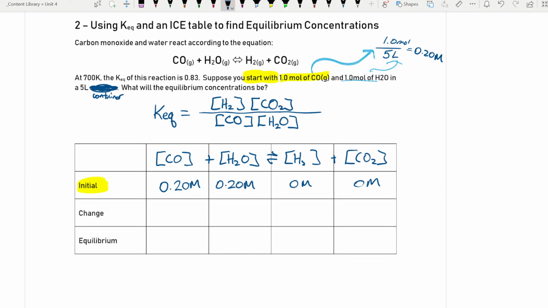Unless we're told otherwise, that's a fair assumption. Okay, what can we do here?